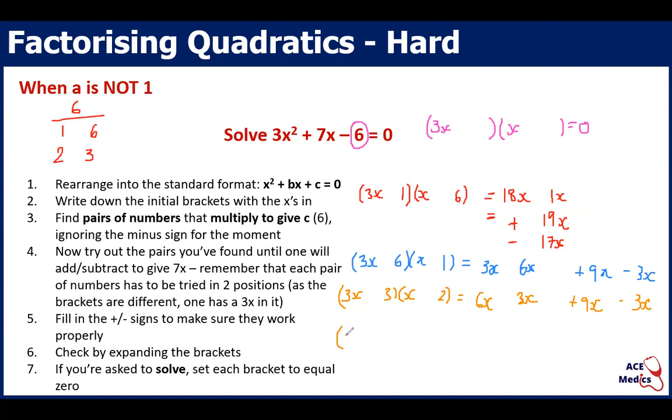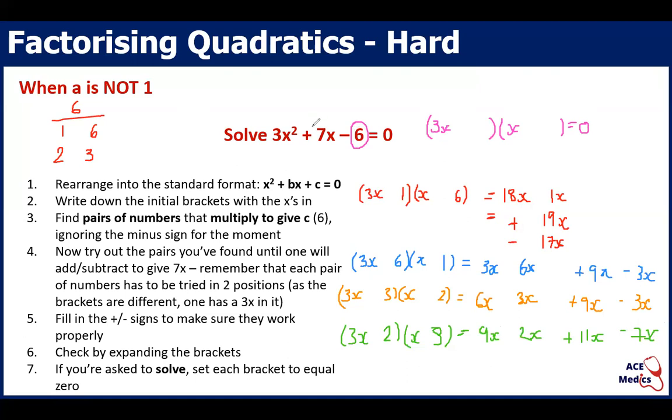If we had it the other way around, so 3x, 2, and x with a 3 here instead, we would get, multiplying them together, 3 times 3x is 9x, and 2 times x is 2x. If we were to add those, we'd get 11x. If we were to subtract those, we would get 7x.